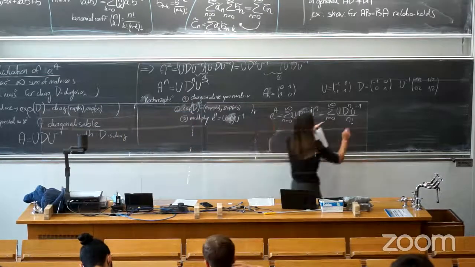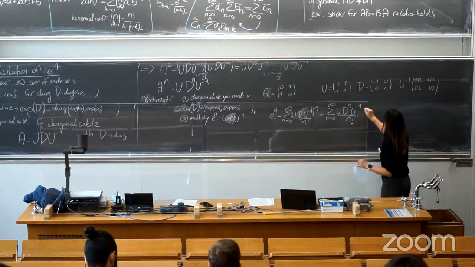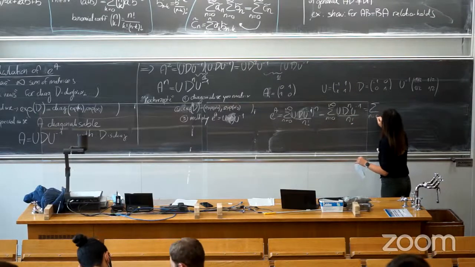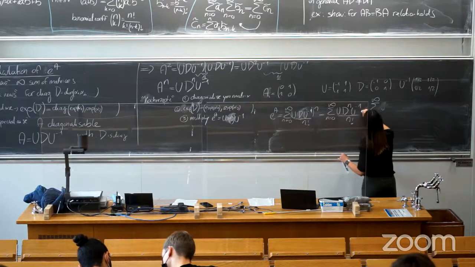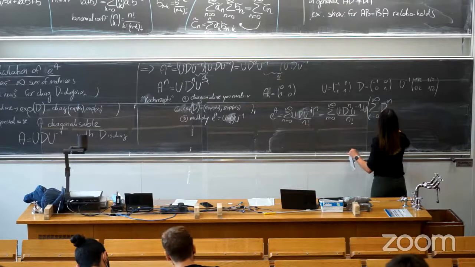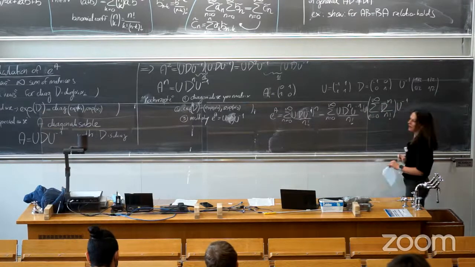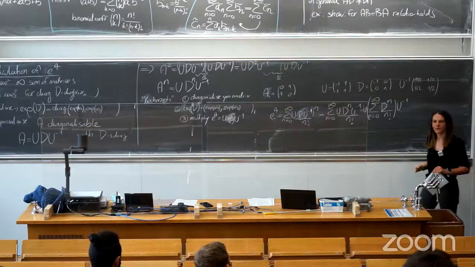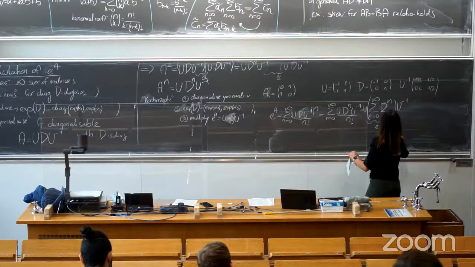These are constants, so I can put them out of the sum. So this is U times the sum from n equals 0 to infinity of D to the n divided by n factorial, times U to the minus 1. And this is the exponential of D.